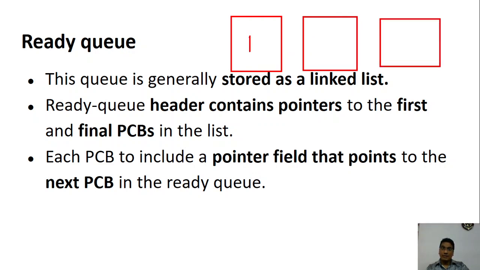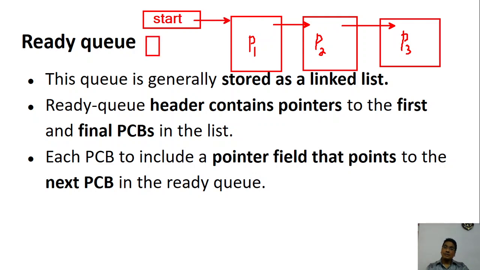So all the processes will be in the form of a linked list, kept one after the other. If I take this one as process 1, this one as process 2, and maybe this one as process 3, they are connected to one another. One is connected to the other, the second one is connected to the other, and there is going to be a header that will say what the starting point is, and what the end of the queue is.